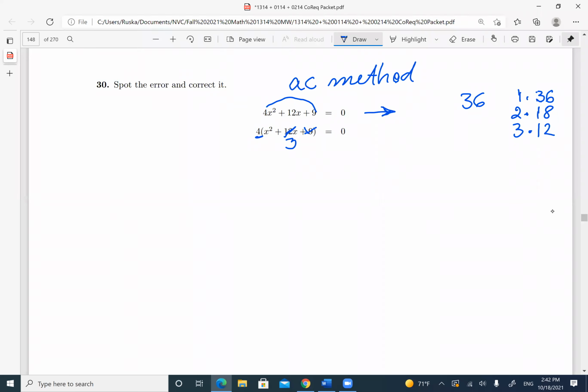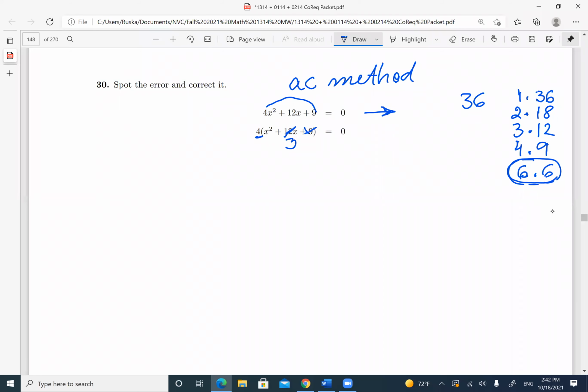They need to add up to 12. 4 times 9. 6 times 6, right? Is the next one. And that's all of it, right? These are all the factors of 36. So now, which two factors add up to 12? Those are my magic numbers, right? 6 and 6. 6 times 6 is 36 and they add up to 12.